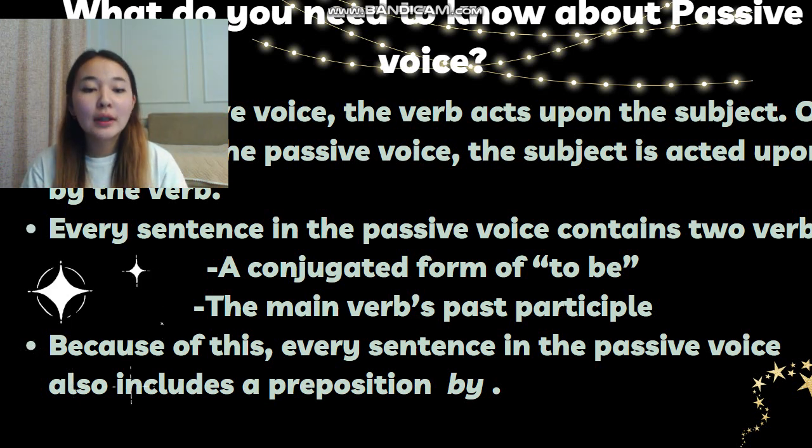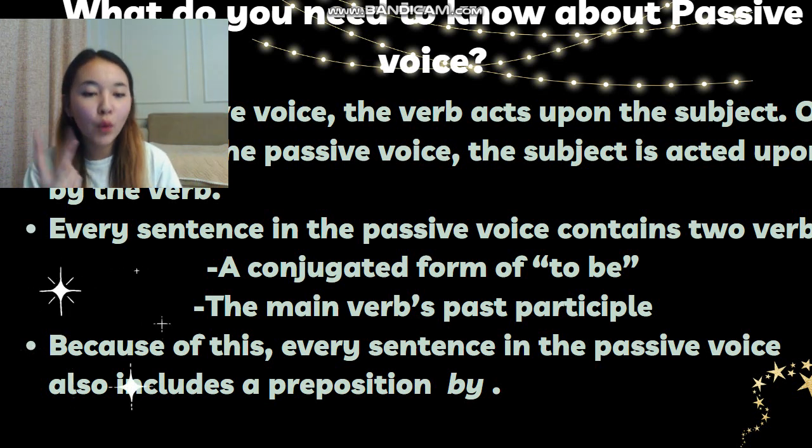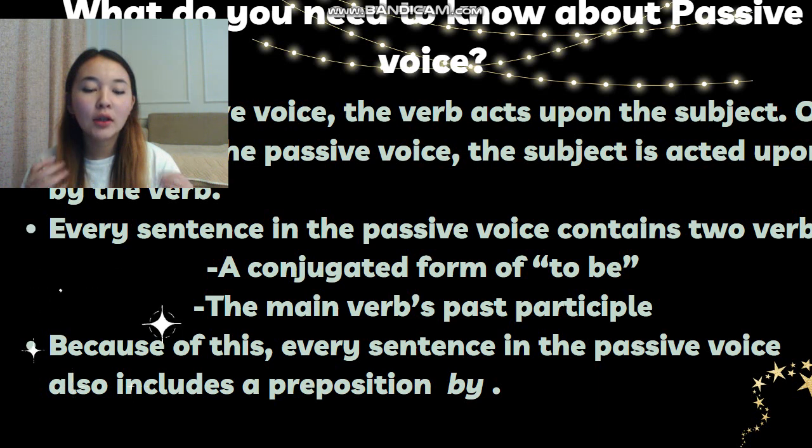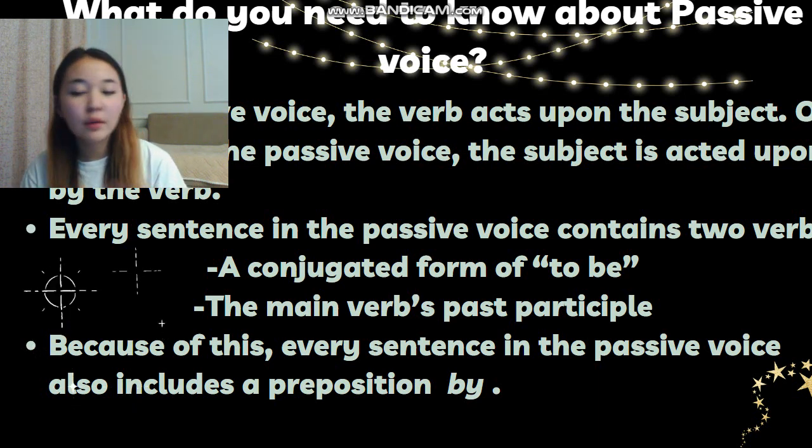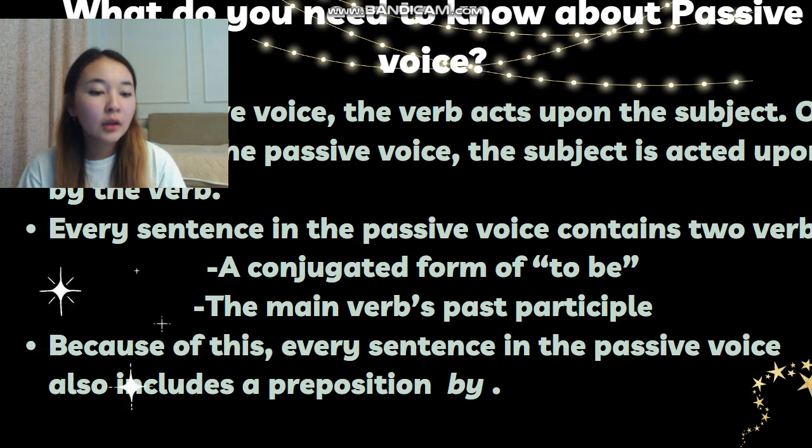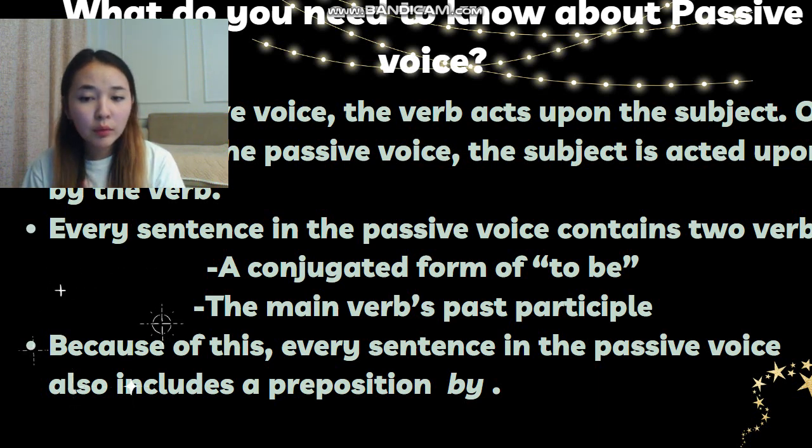So every sentence in the passive voice contains two verbs, a conjugated form of to be, and the main verb's past participle. It means subject plus to be plus verb 3. Because of this, every sentence in the passive voice also includes a preposition by.